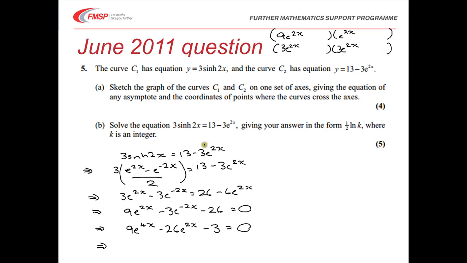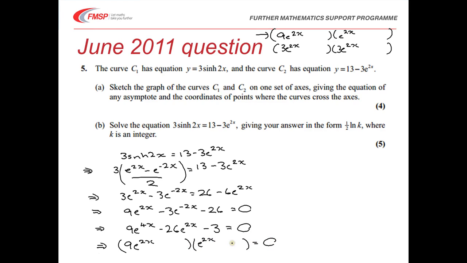Now I'm favouring this one because I can see that the 3 here, I can write that as 1 times 3 and I can get 27e to the 2x, which looks close to this. So I think I can see how this works. We're going to have 9e to the 2x, and we're going to have e to the 2x equals 0.